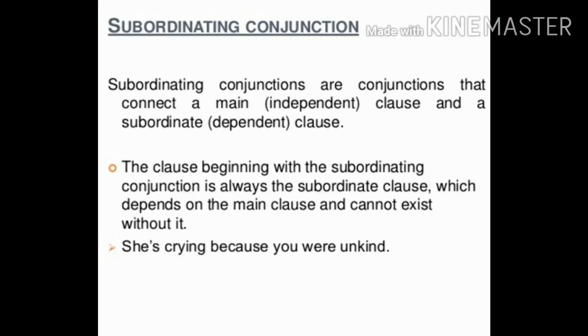Next conjunctions are subordinating conjunctions. Subordinating conjunctions are conjunctions that connect a main clause, that is called independent clause, and a subordinate clause, that is called dependent clause. The clause beginning with the subordinating conjunction is always the subordinate clause, which depends on the main clause and cannot exist without it.